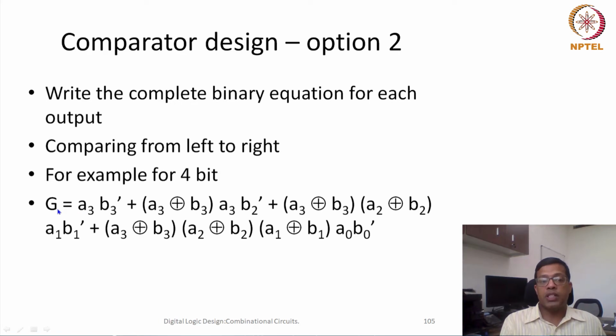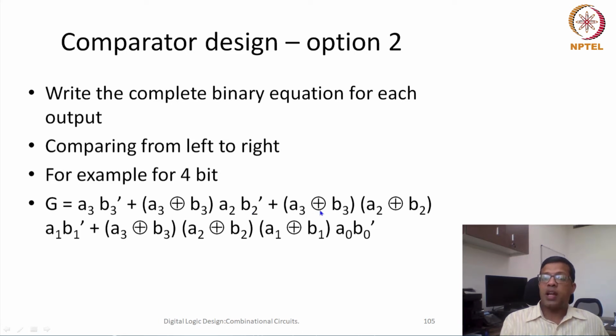Let's remember that G would be 1 if A is bigger and B is smaller. So that means either the MSB A3 is 1 and B3 is 0, then G would be 1, or A3 and B3 are both the same, that means XOR would be there, but A2 is 1 and B2 is 0.